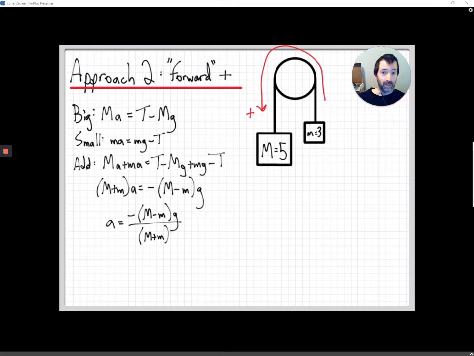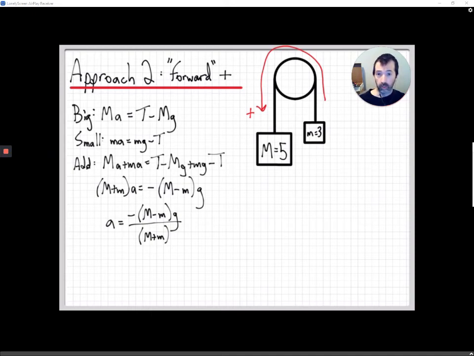So the way I'm setting this up is that for the big block, positive is down, and for the little block, positive is up. Basically, whichever way they're going to go. And I even indicated that with this funny curved axis that goes around this way.